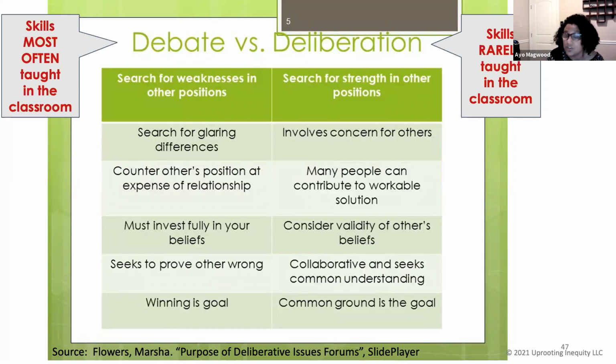Again, this is once you have established that structural racism is a fact, and that's not up to debate, right? But this is for everything else. Other issues, you foster a whole mindset of concern for others, and considering the validity of others' beliefs, collaboration and common understanding.